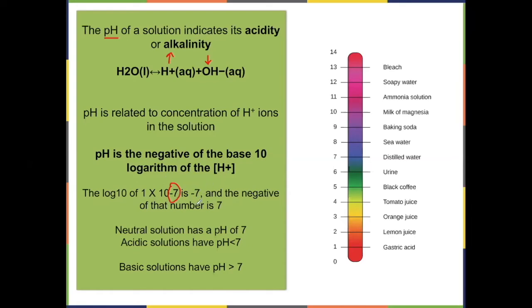So you get the minus 7 here, and because it's the negative log, you get just 7. So that means that neutral is going to have a pH of 7. Anything that's above 7 is going to be alkaline or basic. And anything that has a lower pH is going to be acidic.